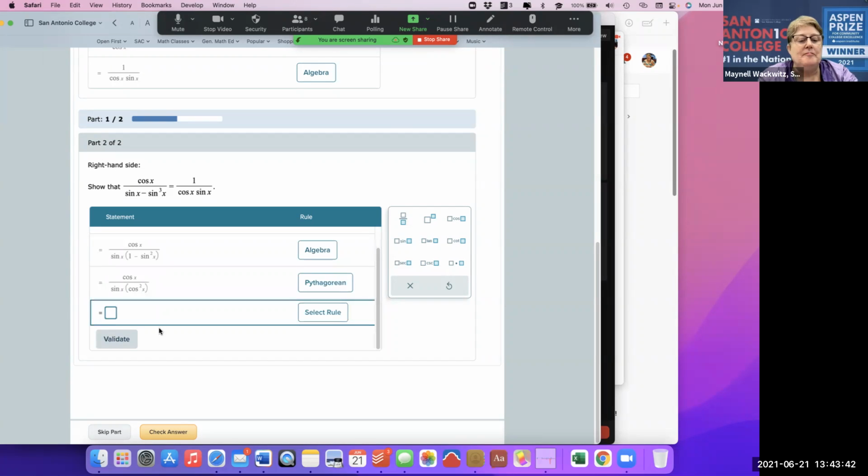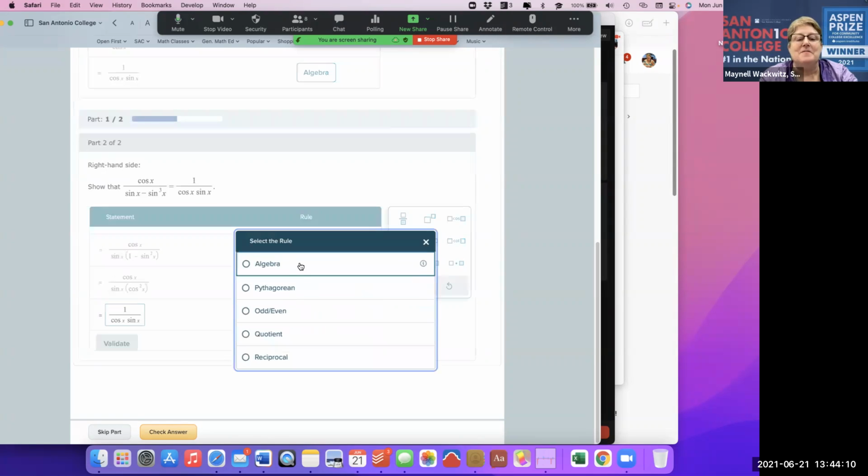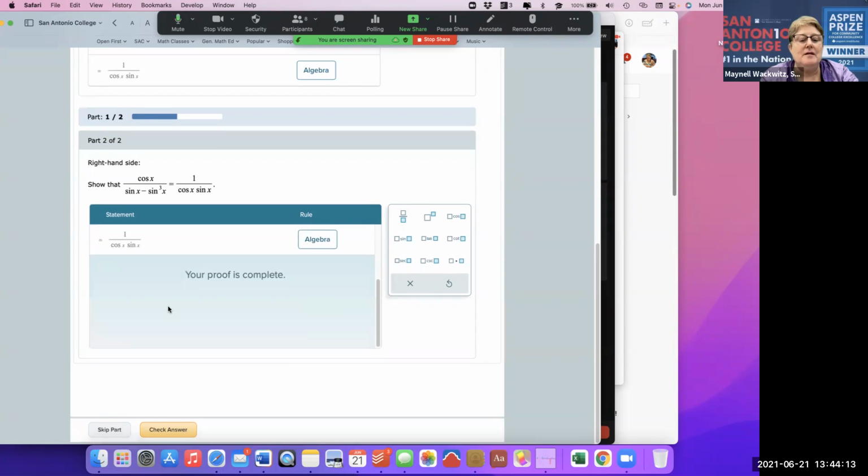Excellent. And now we're basically done, and we can do it just with algebra. We have a cosine x in the numerator. We have 2 cosine x's in the denominator. Can we divide them out? You can divide the cosine out. And in the denominator, we've got cosine x times sine x. What rule did I just use? Excellent. Yay.